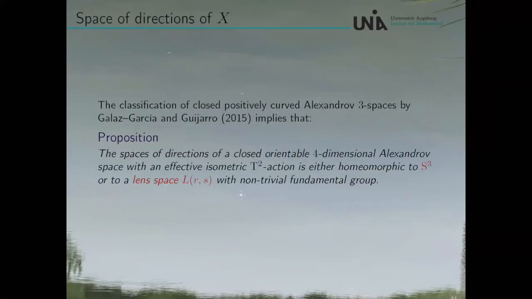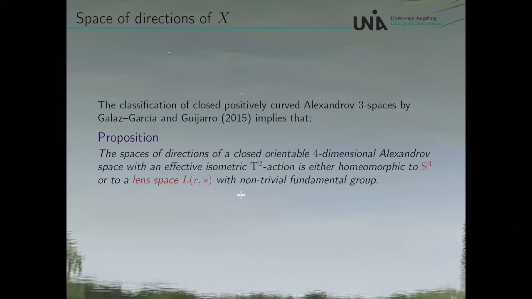And then, as I said, the understanding that we get from the orbit space, from the space of directions, is very important. Remember, we are in dimension 4, and the space of directions is a three-dimensional Alexandrov space with positive curvature.